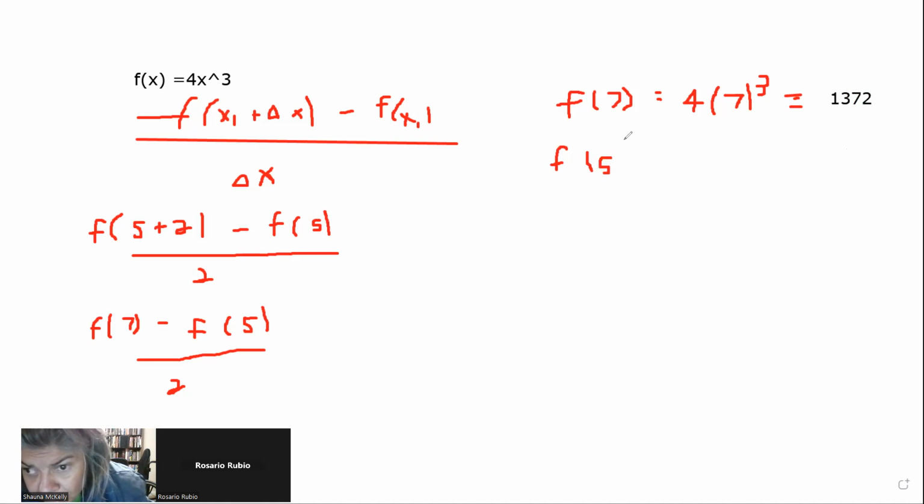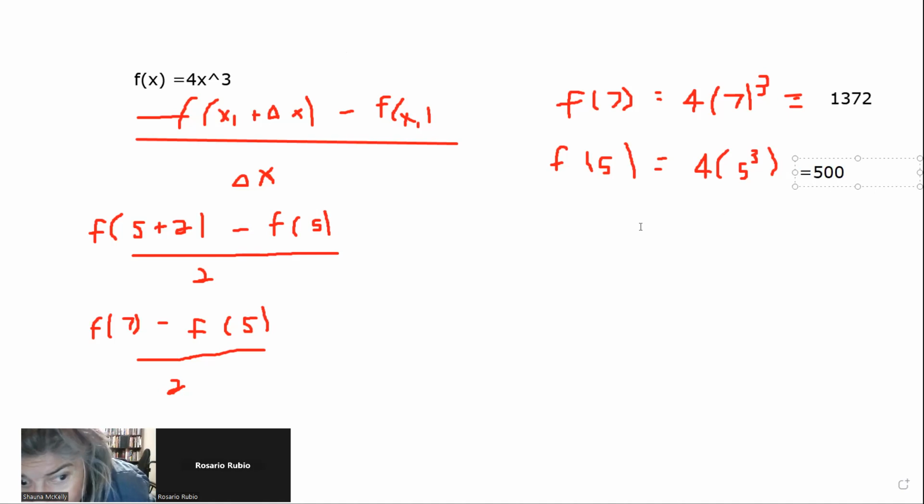So this is 4 times 5 to the 3rd power. 4 times 125. That's 500. Okay. Now, this is equal to 500.